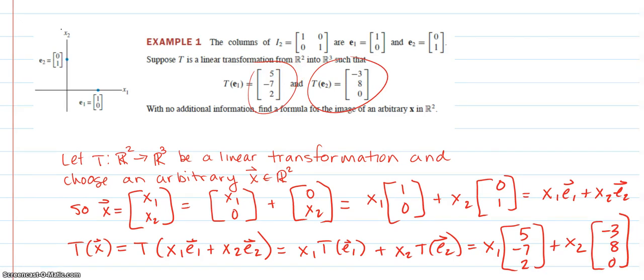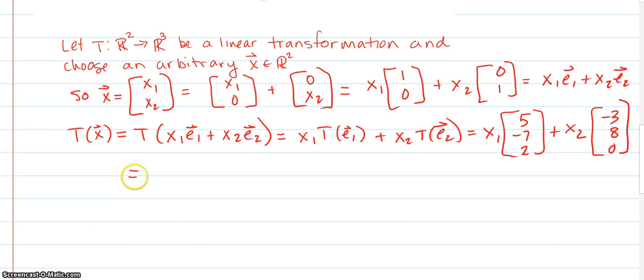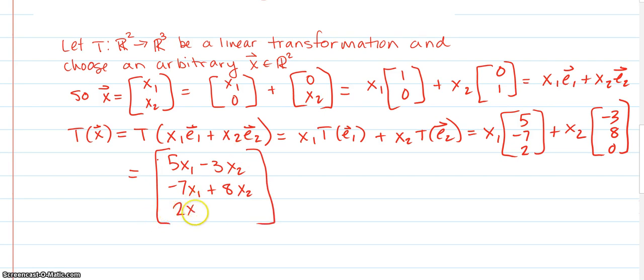Okay, let's make that into one matrix. So we know that's going to be equal to, if I bring this x1 and this x2 in, 5x1 minus 3x2, negative 7x1 plus 8x2, and lastly, 2x1.